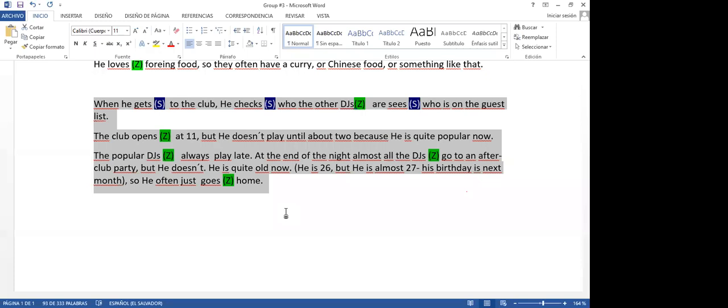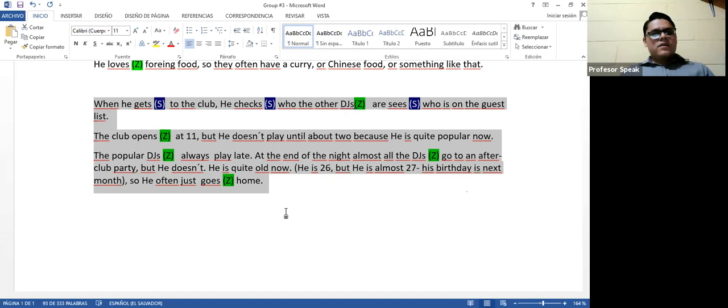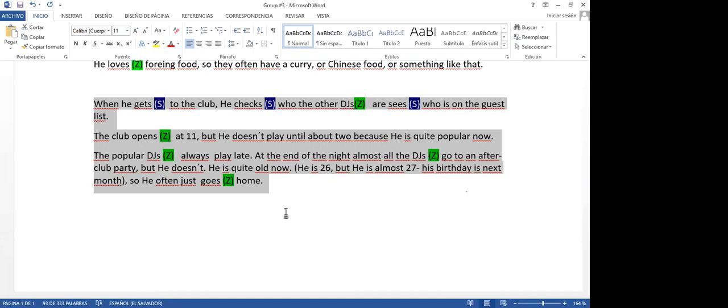When he gets to the club, he checks who the other DJs are, sees who is on the guest list. The club opens at 11, but he doesn't play until about 2 because he is quite popular now.